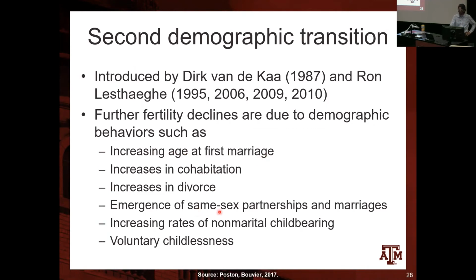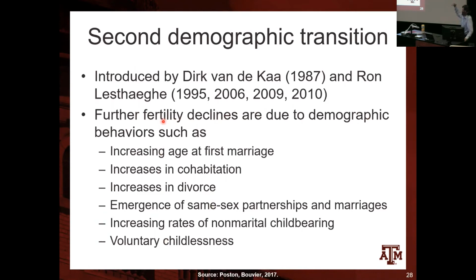You start to see the emergence of same-sex partnerships and marriages, increasing rates of non-marital childbearing. And voluntary childlessness is more acceptable in society, to not have children at all, right? So all these factors, all these demographic behaviors, they are all associated with further declines in fertility levels.